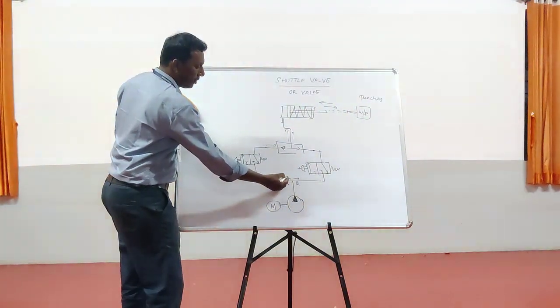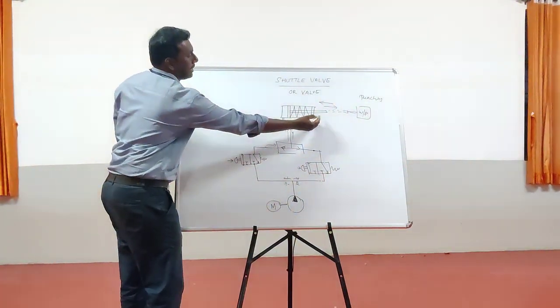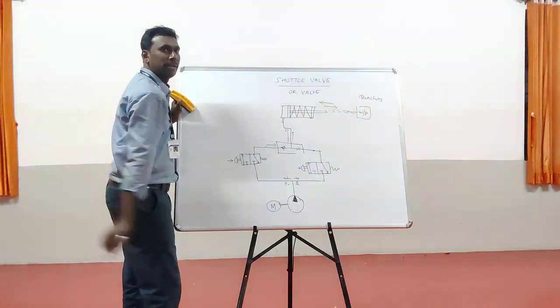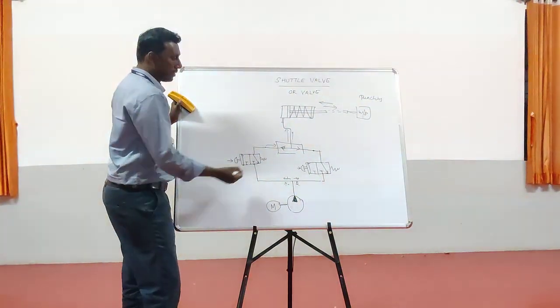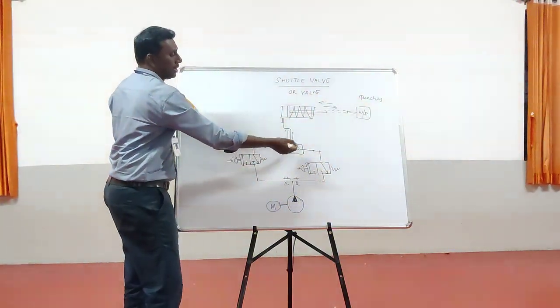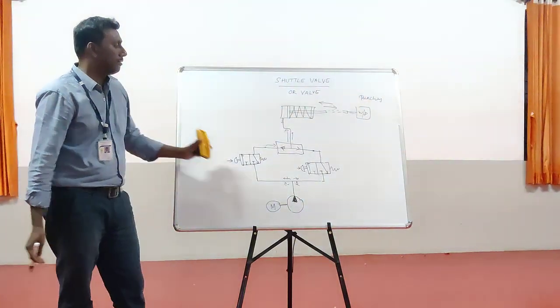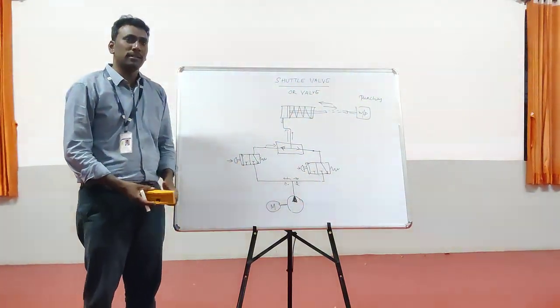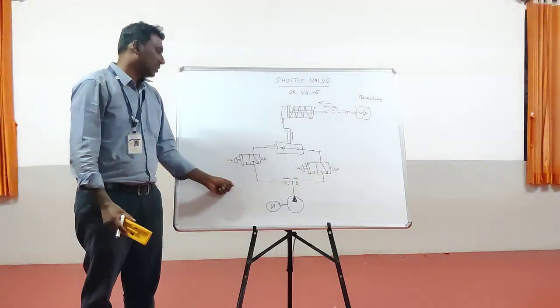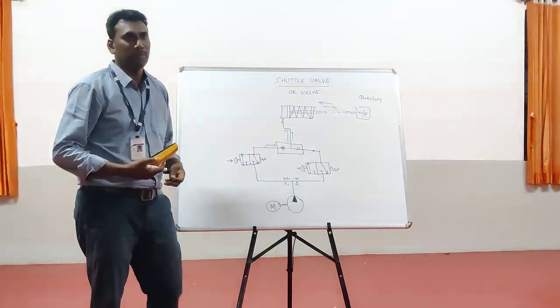If you stop the fluid pressure, the cylinder will automatically retract through this spring mechanism. So this shuttle valve carries the fluid with the help of two direction control valves.